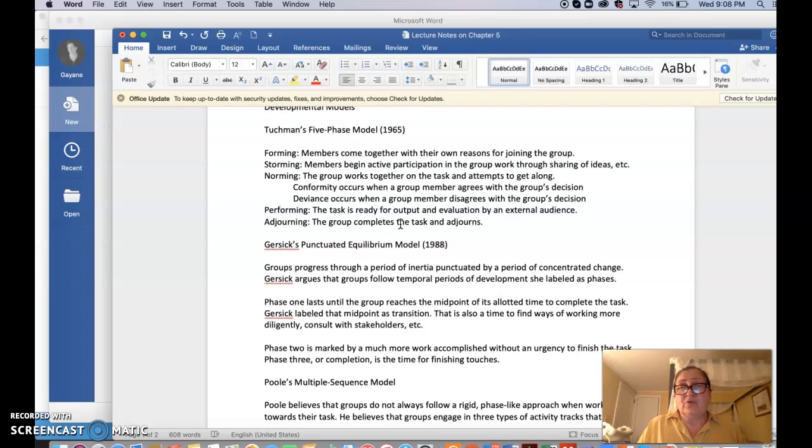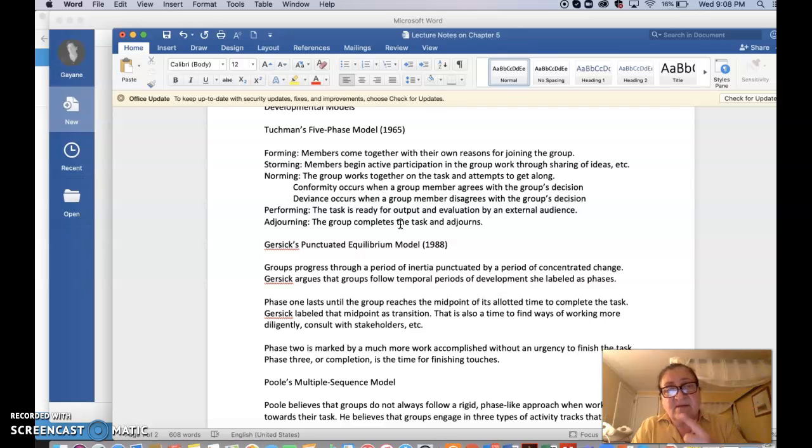Conformity is when a group agrees to its decisions, all members agree. And deviance occurs when a group member disagrees with the group decision, regardless of the majority's opinion. So the group may decide or even seem to have reached a consensus, but some people may actually feel differently.